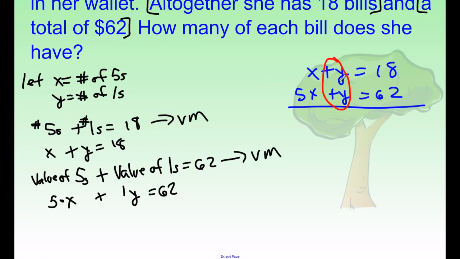By subtracting, we're just going to change the sign of all of these. So you think, 1 minus 5 would be negative 4. And y minus y is 0, so he's gone.